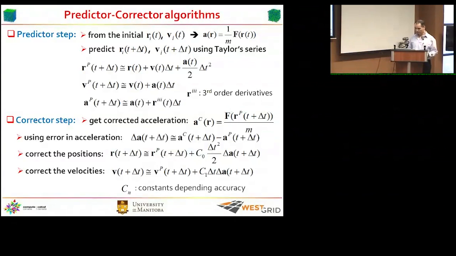Then we can compute the corrected acceleration. From the force at time t plus delta t, we can compute the acceleration. So now we have two accelerations, the predicted one and the corrected one. We take the difference between the two accelerations. We use this error to correct the positions and the velocities.